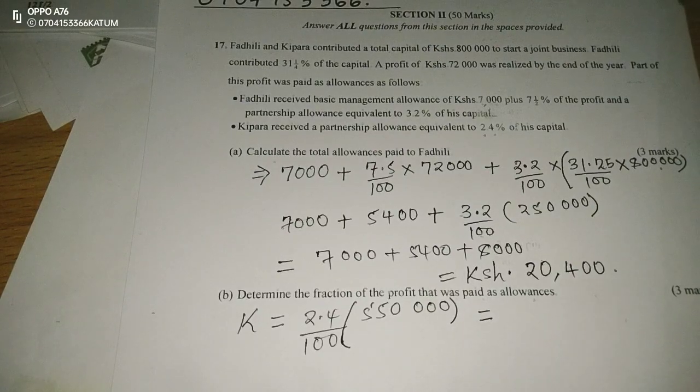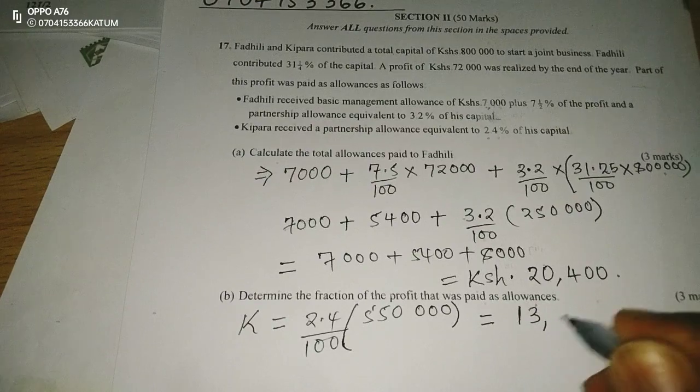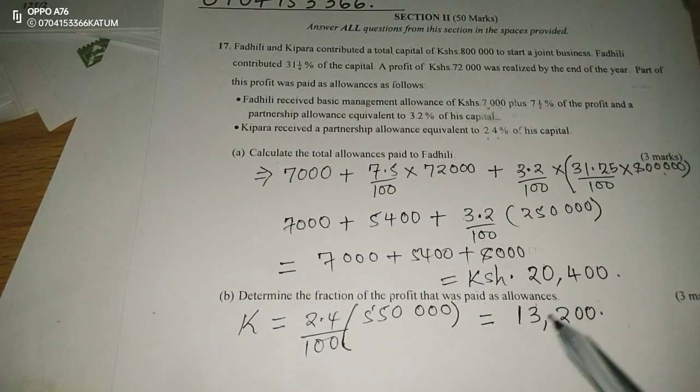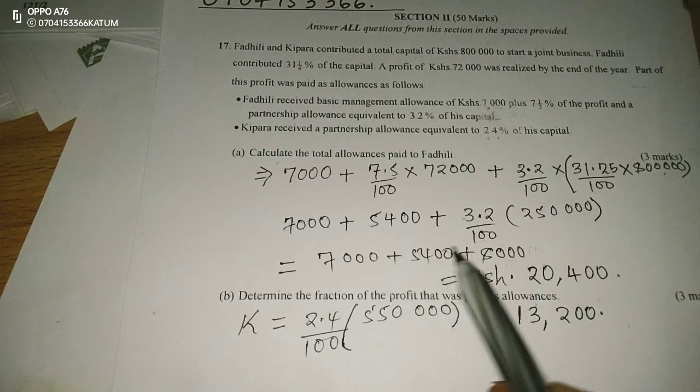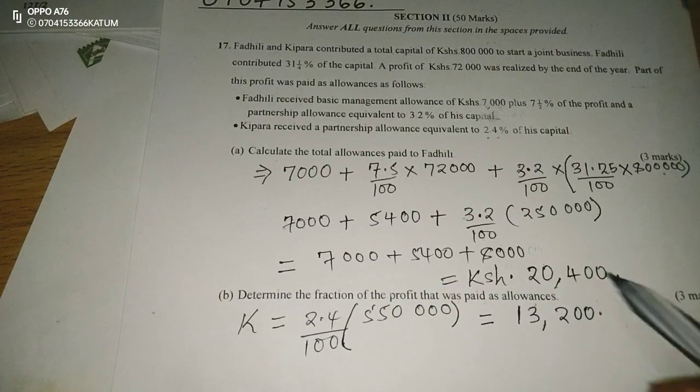So 2.4% of this is going to be 13,200 Kenya shillings. So Kipara got 13,200 Kenya shillings, and Fadhili had been paid allowances equivalent to 20,400.